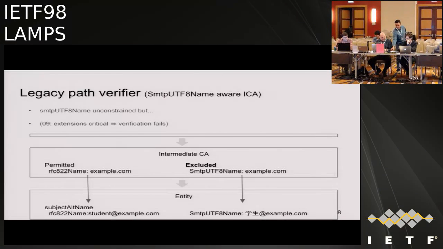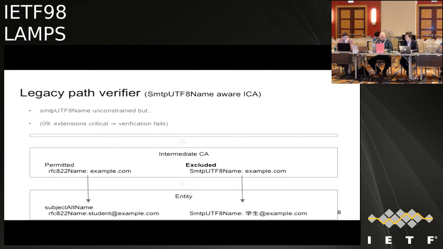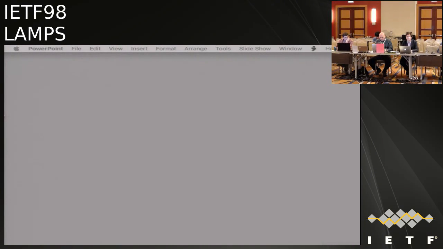So that was going to be an example of, say, you only wanted to represent an SMTP UTF-8 name email address, say because you only want UTF-8 name local parts. Okay, so next slide. That's the last slide. Okay, go back about one.